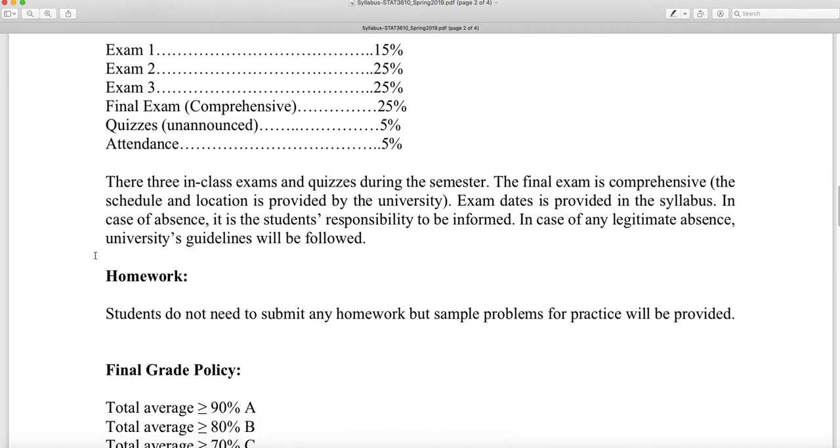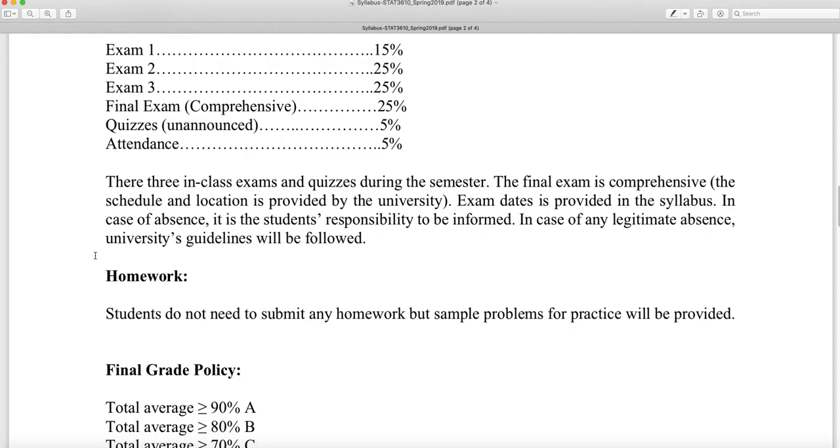We don't have any homework, but I post some sample problems, and by looking at them, you can figure out my main focus in this course. You would see so many sample problems, but no worries.